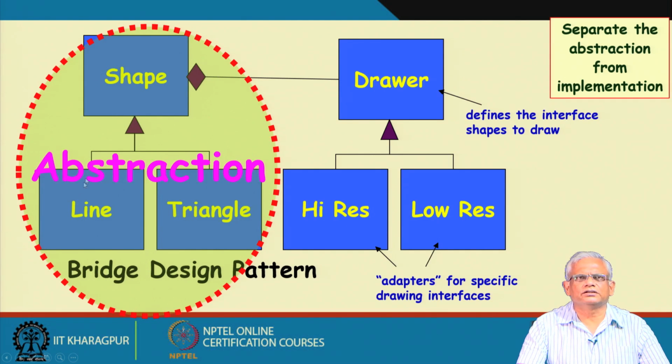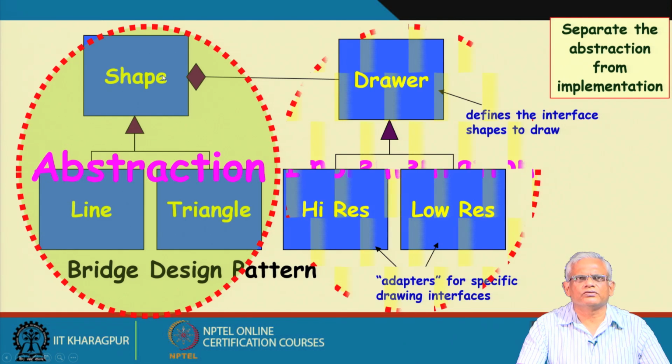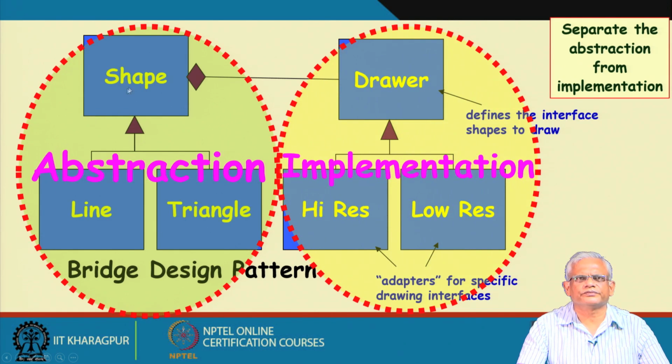So, the bridge pattern, the main idea is that we split a complex hierarchy into two hierarchies. One is the abstraction hierarchy and the other is the implementation hierarchy, and we have a bridge. It appears like a bridge. See that line?